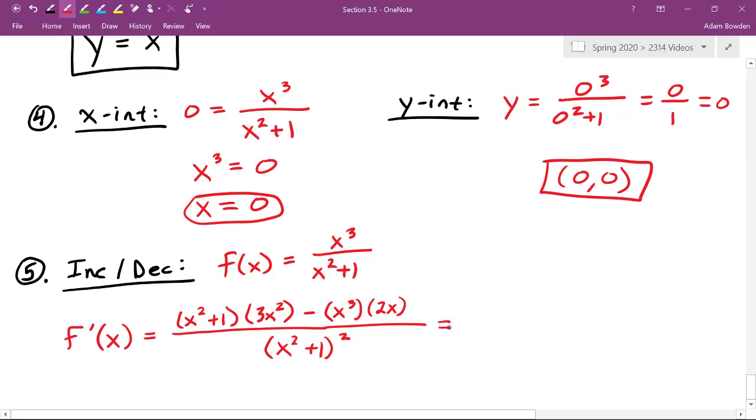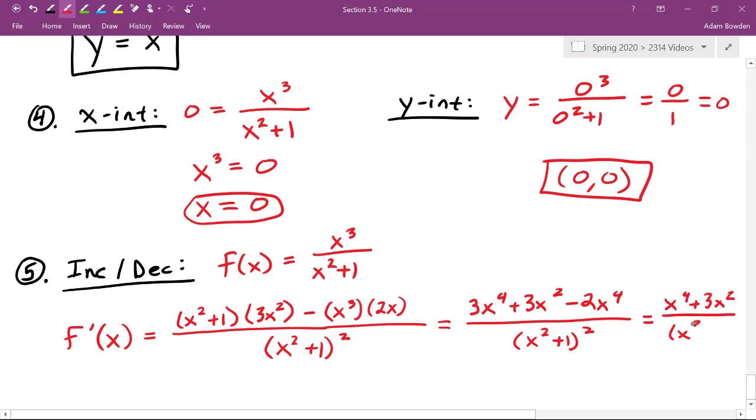Okay, once we simplify this down, looks like we're going to get something like 3x to the fourth plus 3x squared minus 2x to the fourth up on top. So that should reduce down to be x to the fourth plus 3x squared on top. That's our first derivative.